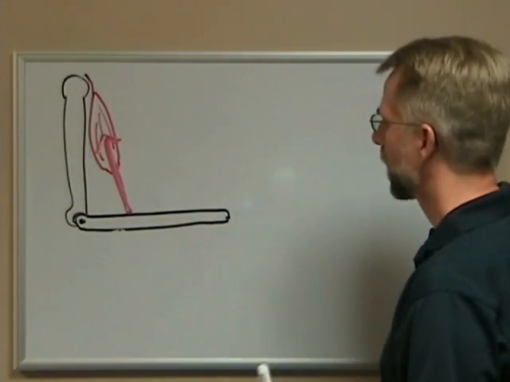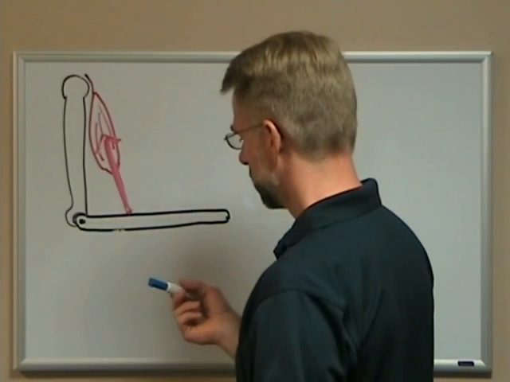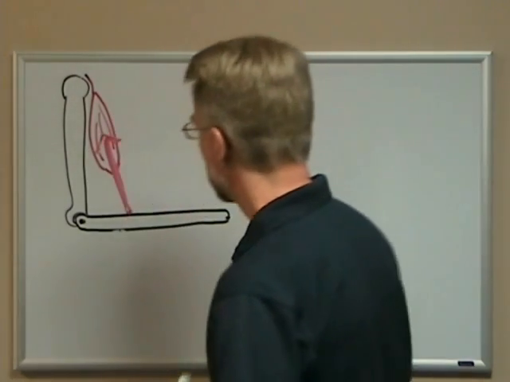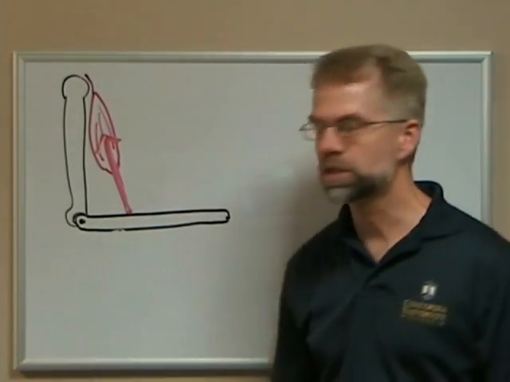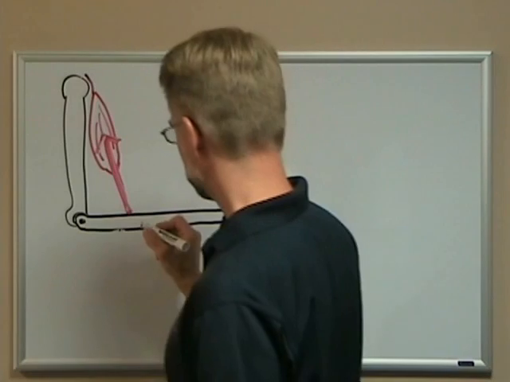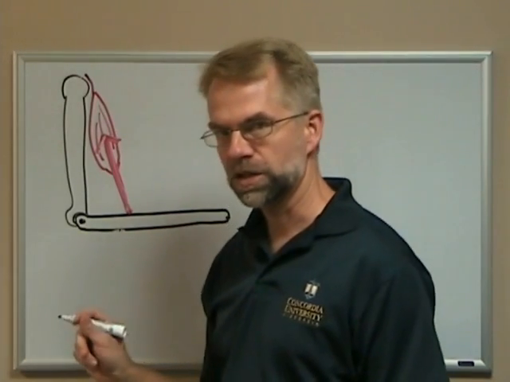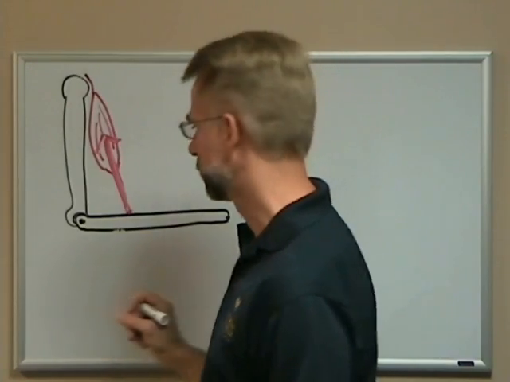In order to determine what actually happens, you need to look at a couple of things. This vector can be resolved into two component vectors. One of the component vectors always goes through the axis of joint motion.